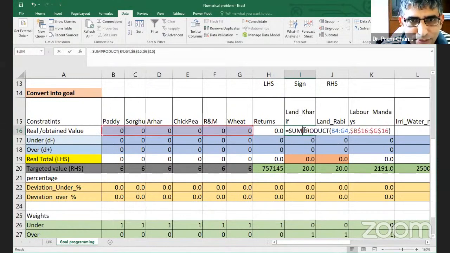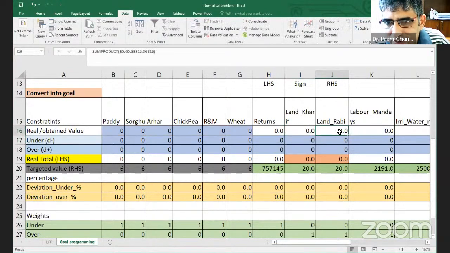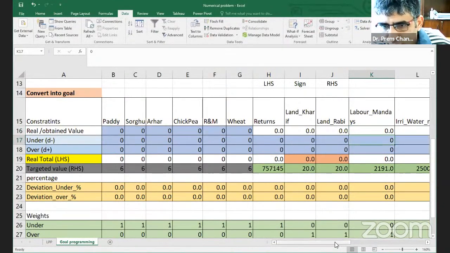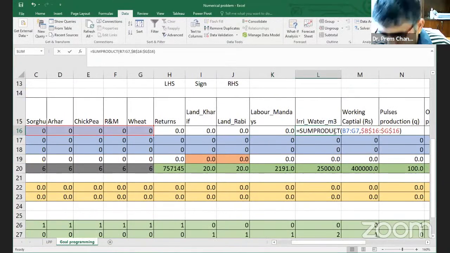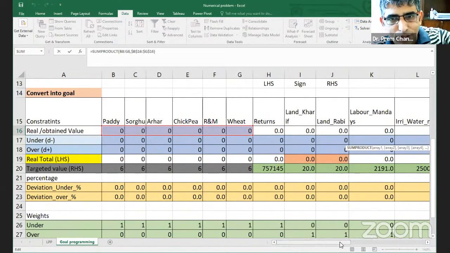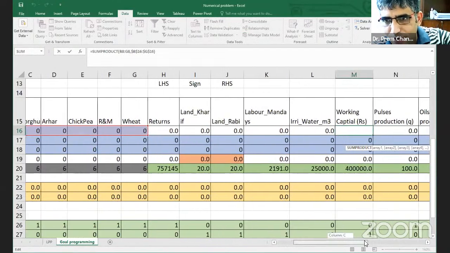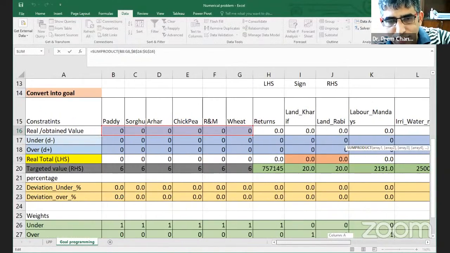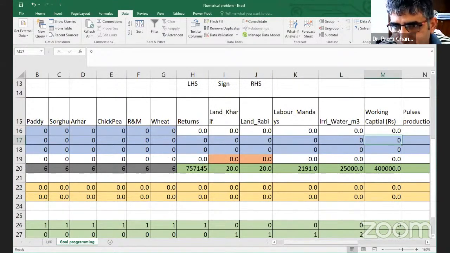Similarly labor, land, then water, then working capital. It multiplies the decision row with the per hectare requirement, so I'm getting the actual obtained value.